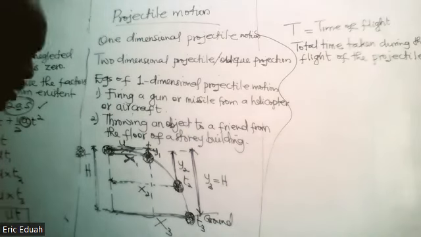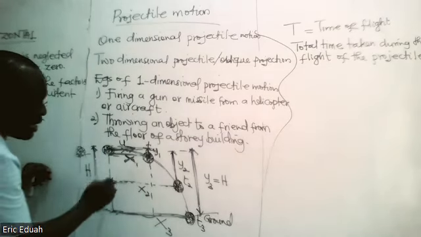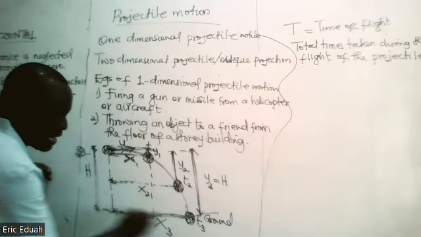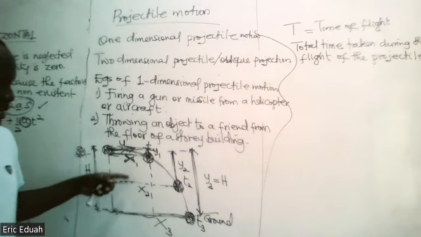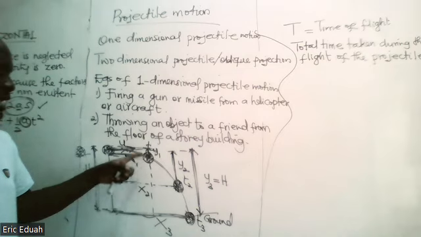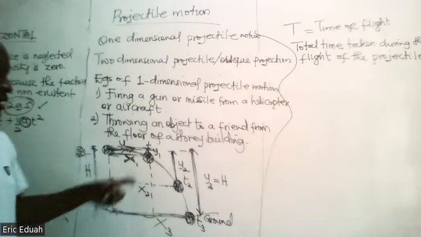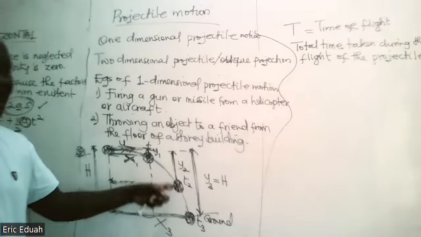Then you see this total x1, x2, and then x3. This is the horizontal distance covered by the body at the time t1. This is the horizontal distance covered by the body at the time t2.